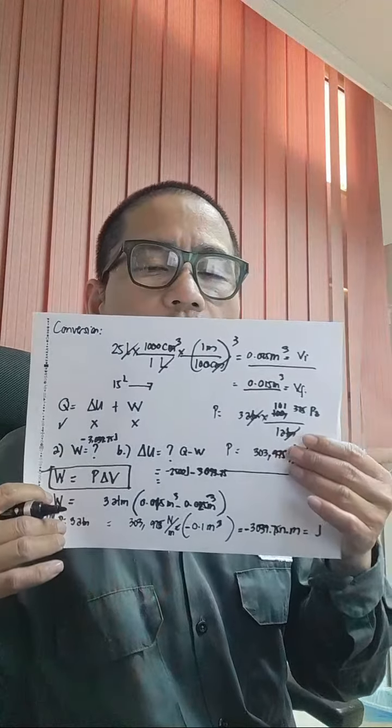Let's review. Pressure times change in volume, so final volume minus initial volume. This is reversed. It should be 0.015 minus 0.025, and it is negative. So our work is negative 3,039.75.